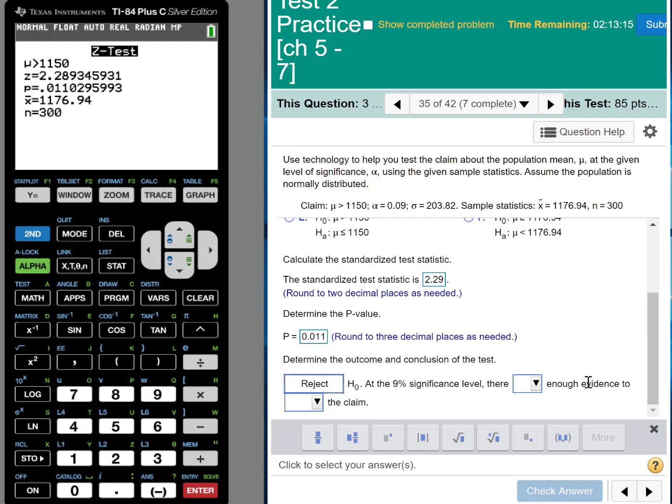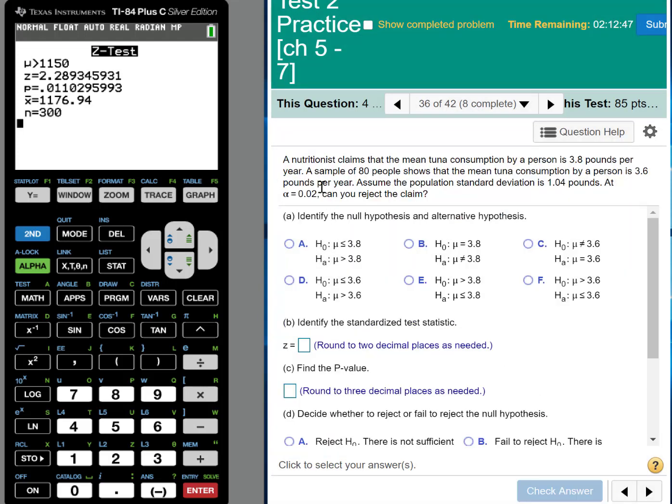At the 9% significance level, there is. You only use there is not when you fail to reject H0. Enough evidence to, he's going to ask you support or reject. As I told you during the live session, if your claim is in the alternative, you select the word support. That's it. And so there is enough evidence to support the claim.